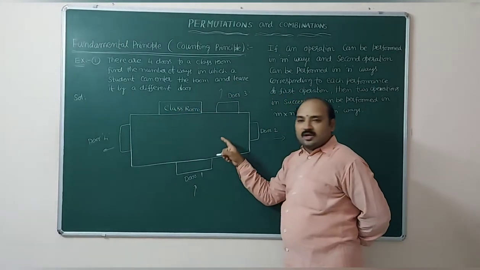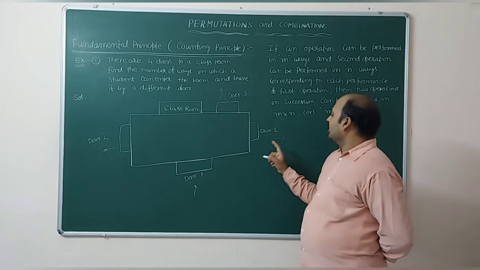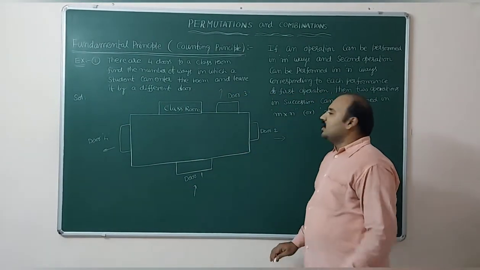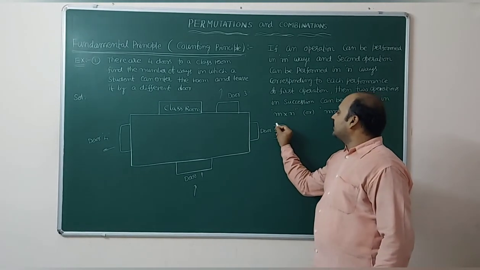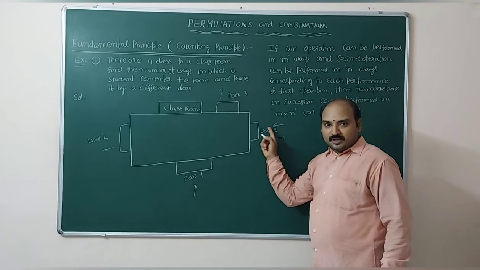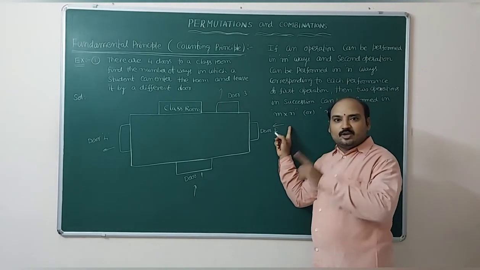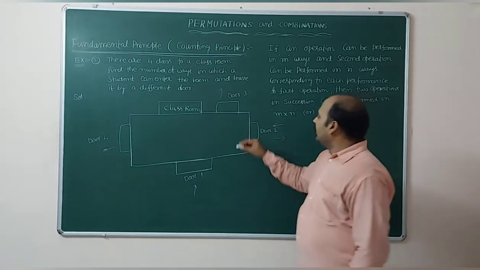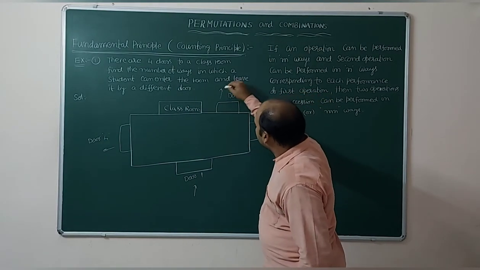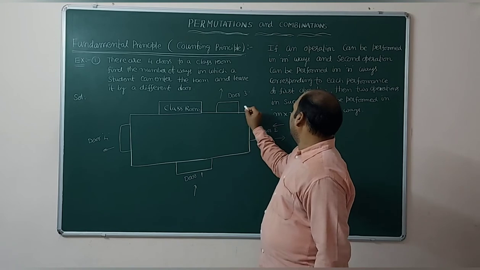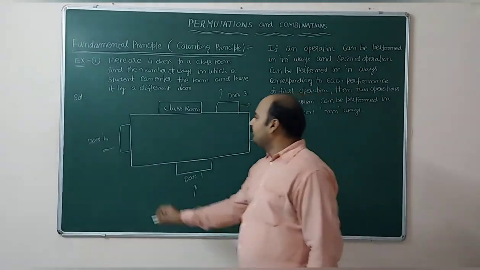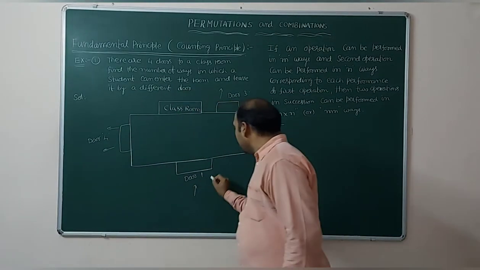So entering by the first door, he can leave by 3 doors. Suppose the student enters by the second door; observe carefully the arrow marks. He will leave by door 3, door 4, or door 1.